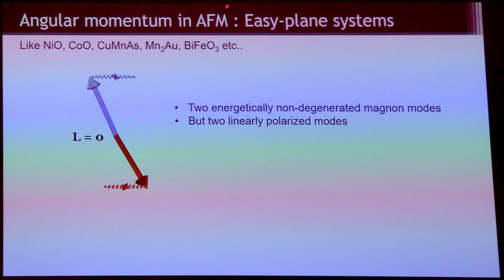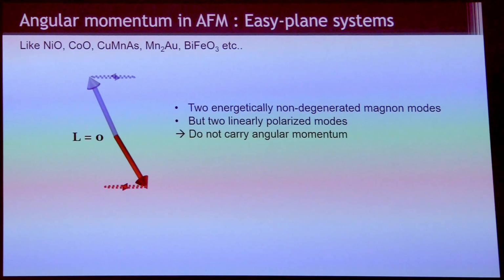So if one considers the case of an easy plane antiferromagnet, as is the case for hematite above the Morin transition, but also the case in many compounds that have been studied in the literature, there you will see that if you look at the classical spin wave modes that you have, those modes are linearly polarized, which means that they do not carry spin angular momentum.